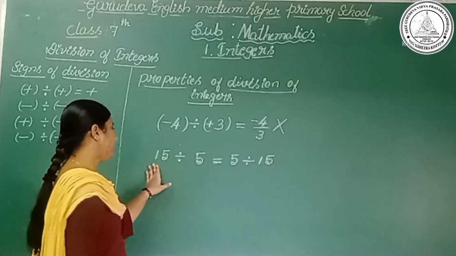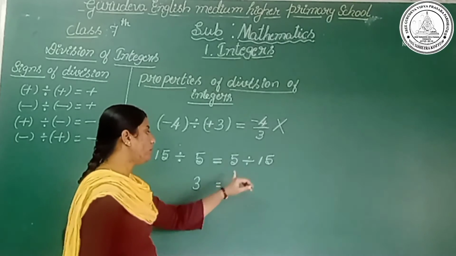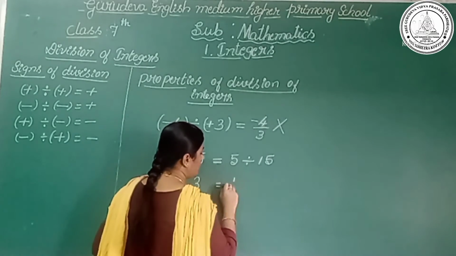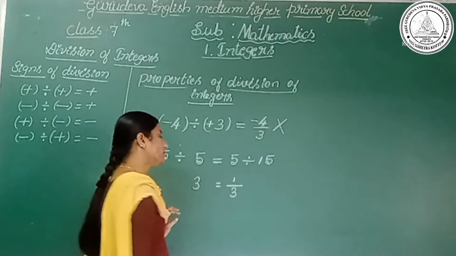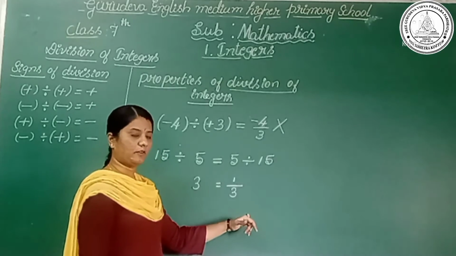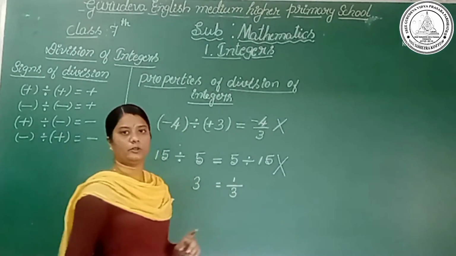The 15 divided by 3 quotient is 5, and 3 divided by 15, we will get 1 by 5. So 5 and 1 by 5 are not equal. So hence the division of integers is not commutative.